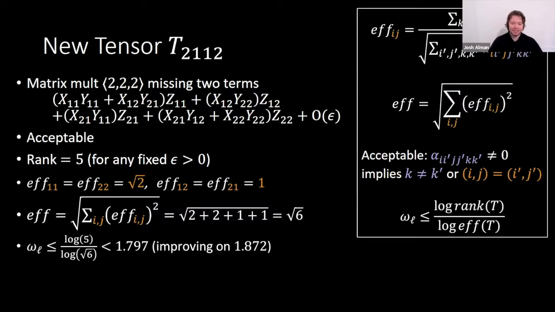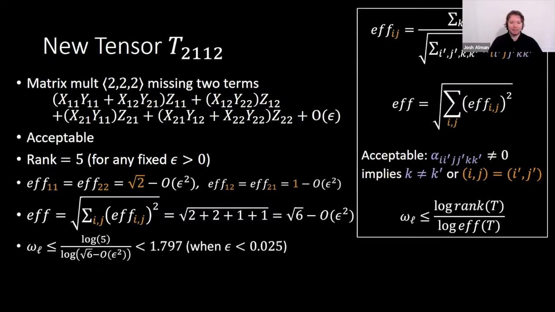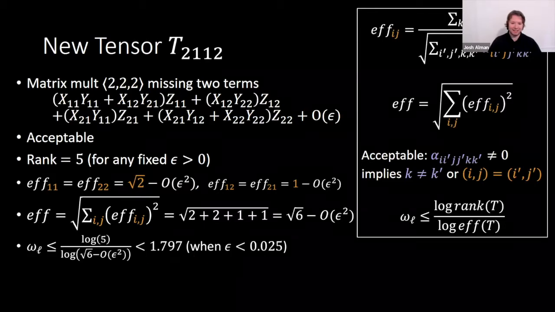And you can do all these other calculations, but terms are going to show up in the denominator of the efficacy in terms of epsilon, as they subtract some function of epsilon squared from the efficacies. But if you plug in a small enough positive constant value of epsilon, you still get more or less the same light bulb exponent.